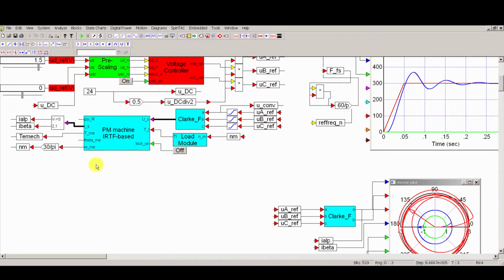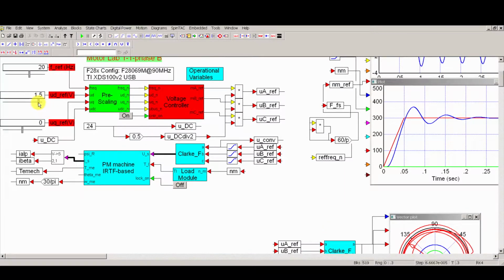So to run it again, let me show you the effect of, for example, changing the voltage from 1.5 up to 2 volts. If we do 2 volts, we should see a voltage amplitude of 2 volts in this d-axis, and this coordinate system is rotating at a speed set by the frequency.